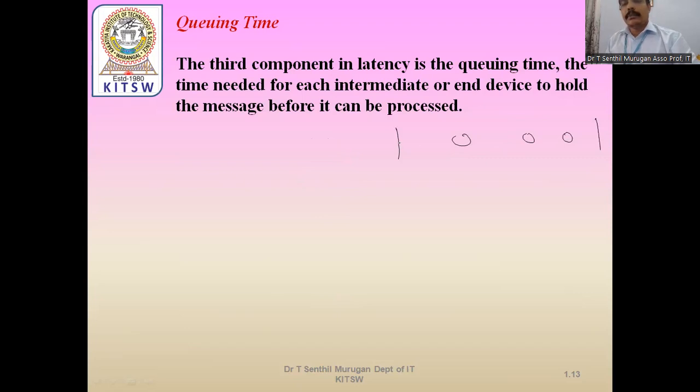The message comes here, it will be processed, then it will be sent on and processed again, then it will reach the destination. Until the processing of the packet, the remaining messages or bits will wait. Okay, so that is the queuing time.